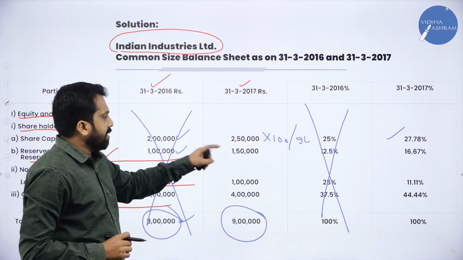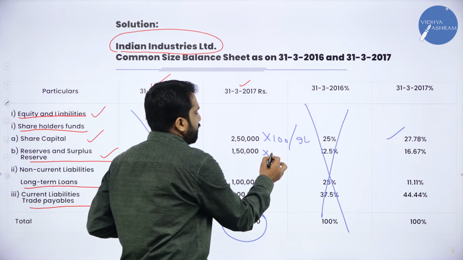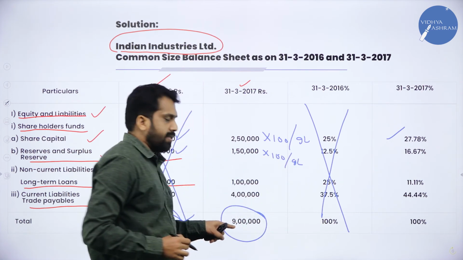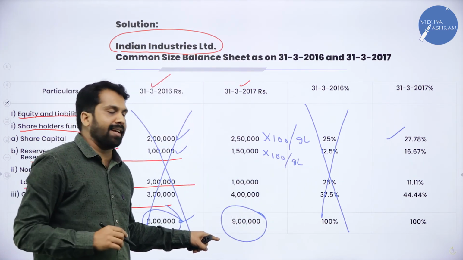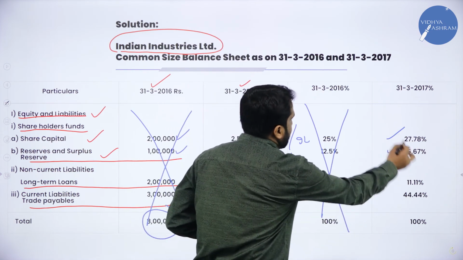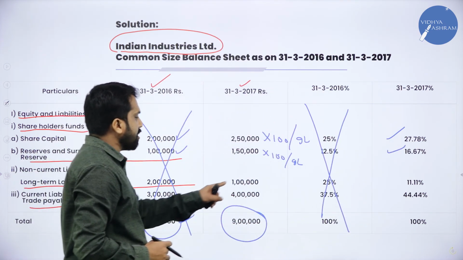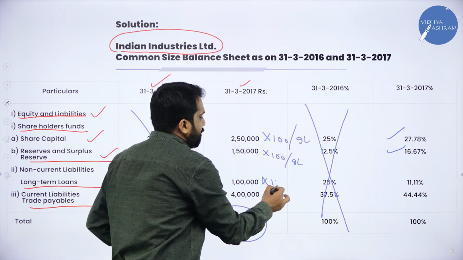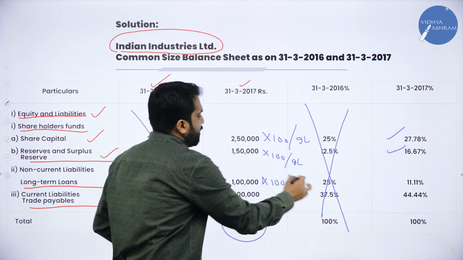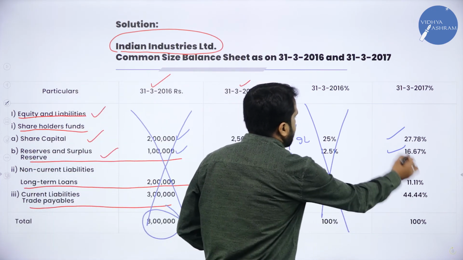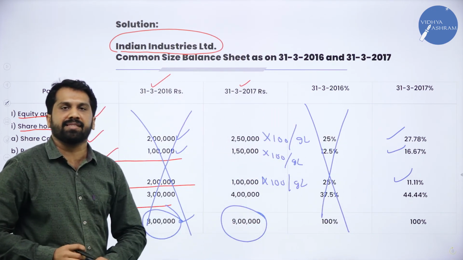You will get 27.78%. Next, 1,50,000 into 100 divided by, what is your total? 9 lakh. So again your answer is 16.67%. Next, you have 1 lakh multiplied by 100 divided by again 9 lakh. Now your answer is 11.11%.